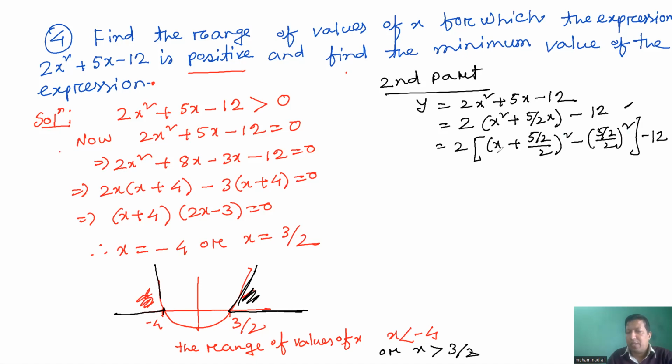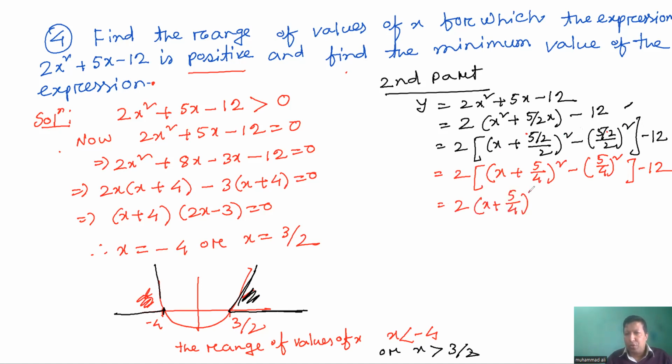After that, the completed square is (x + b/2) whole squared minus (b/2) whole squared, minus 12. Now if we simplify, it will be 2 times [(x + 5/4) whole squared minus (5/4) whole squared], minus 12. If we remove the bracket and multiply, we get 2(x + 5/4) whole squared minus 2 times 25/16, minus 12.